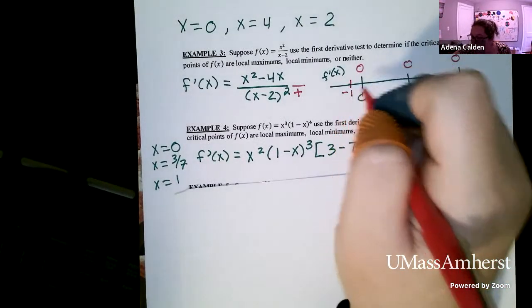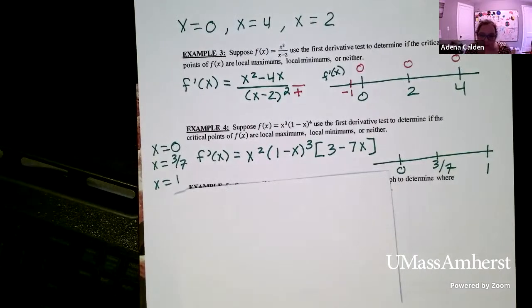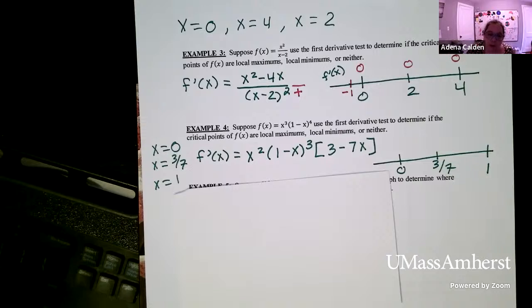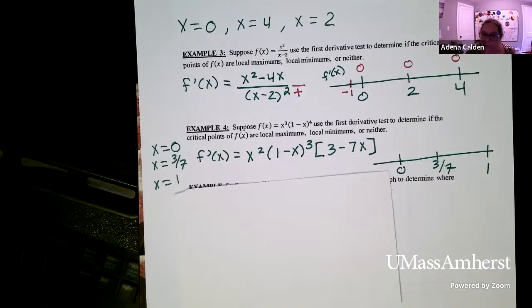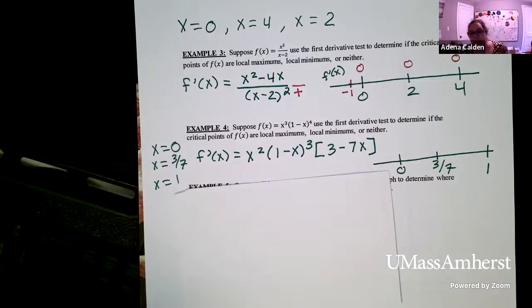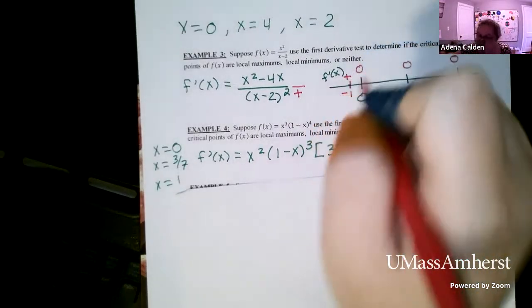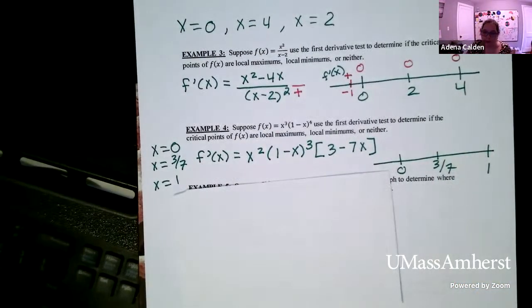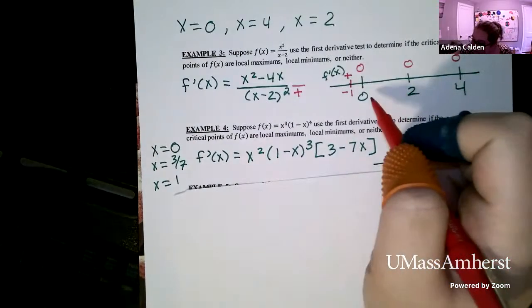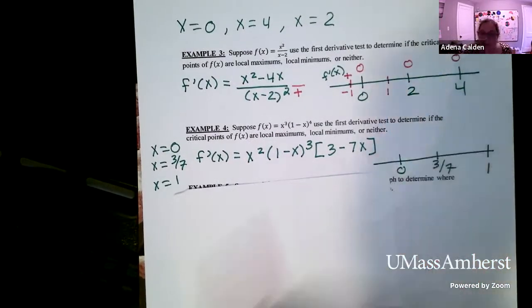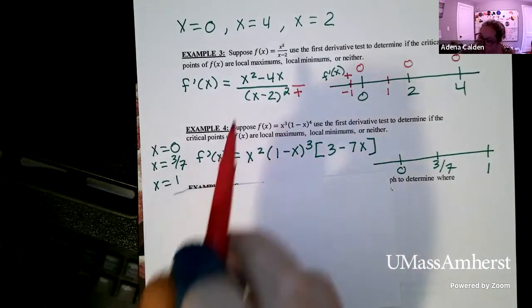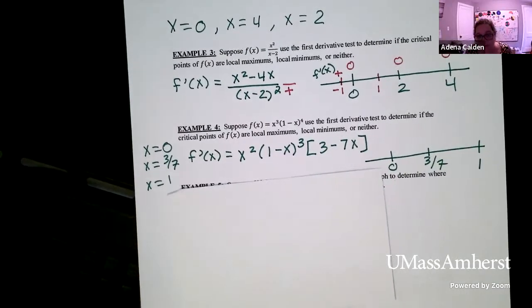Okay, so starting here, I'm going to pick something to the left of 0. I'm trying to make my life as easy as possible, so I'm going to pick -1. So when I plug a -1 into the numerator, I have -1 squared, which is +1, minus 4 times -1. Well, the minus and the negative are going to cancel, and that's going to give me something positive. Now I want to pick something between 0 and 2, so I'm going to pick +1. If I plug in a +1, I end up with 1 minus 4 on the top, which is -3.